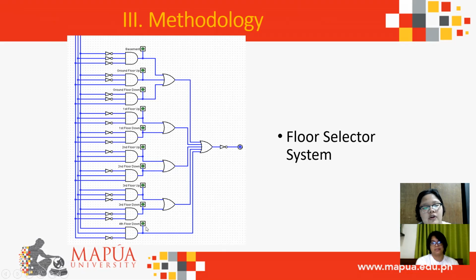But in the fourth floor, we only use one AND gate because there is no going up for the fourth floor. So there is only a chance to go down. Then this 4 OR gate is connected to another OR gate and it is connected to the NOT gate and will be connected to the output.